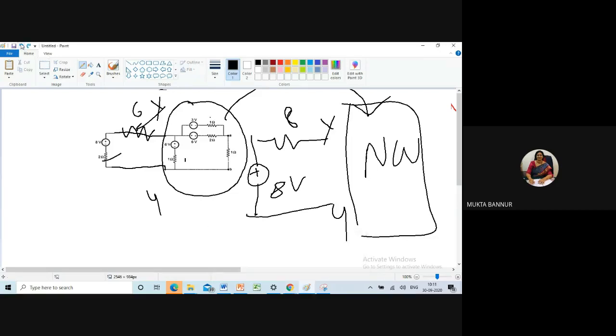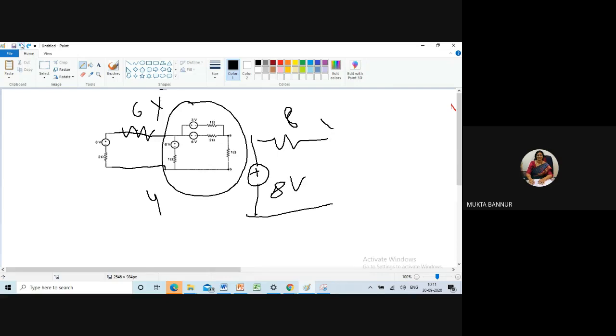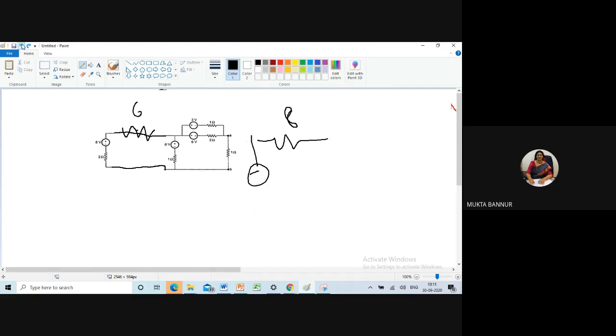Now I will be considering some other case. See, instead of a resistance in series, I will be taking a resistance across this, say 6 ohm.